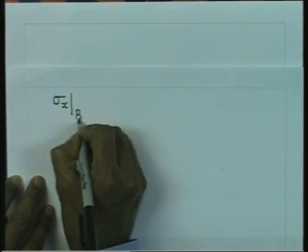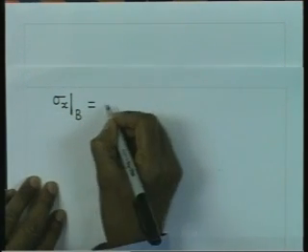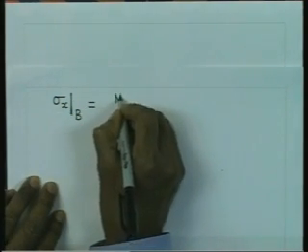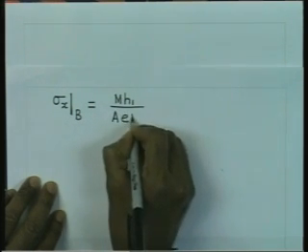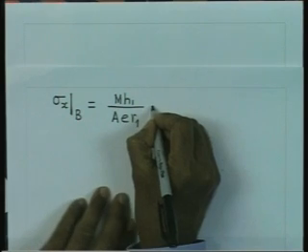Similarly, the stress at point B is going to be tensile. So it is M h1 divided by A e R1.